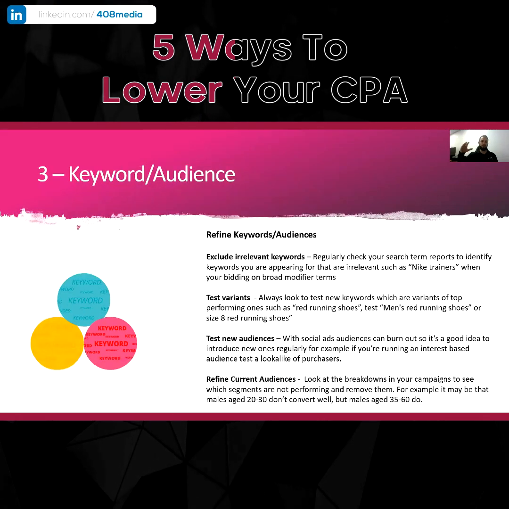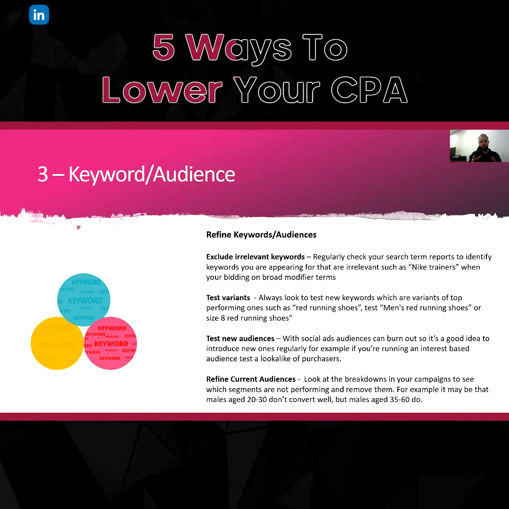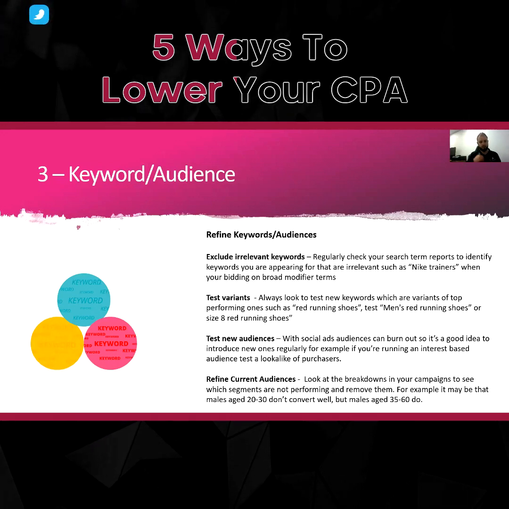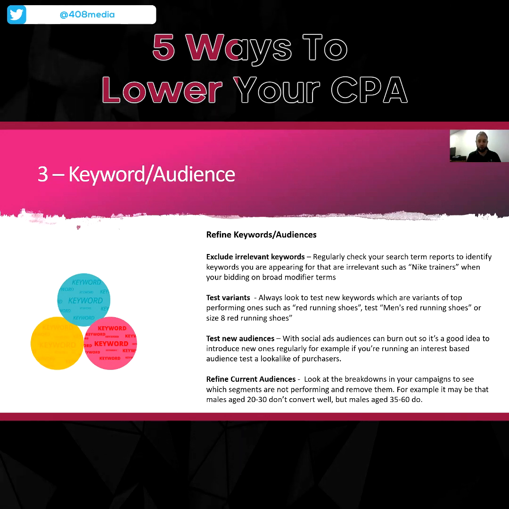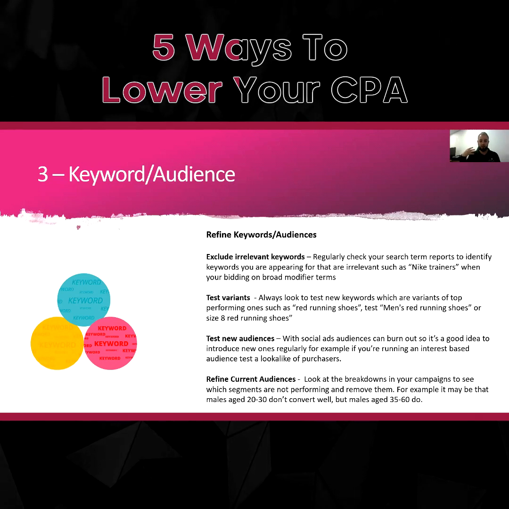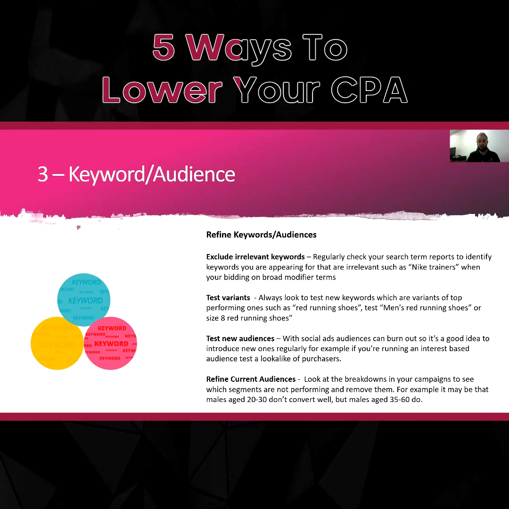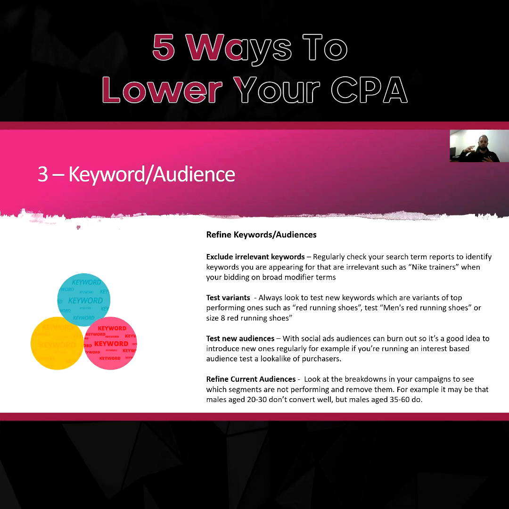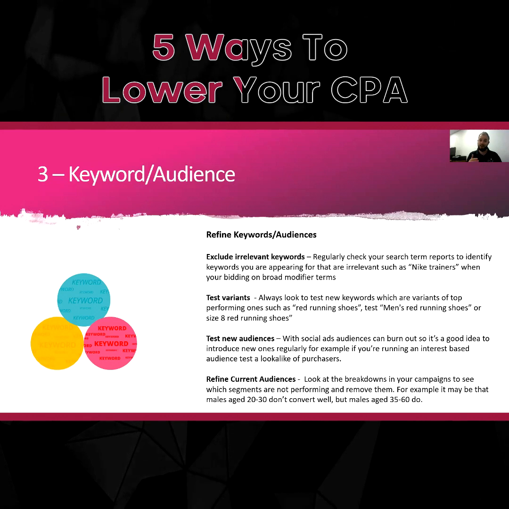Moving on to the third thing, which is keyword and audience. If we're targeting certain keywords or certain audiences, we need to make sure that they are the right audiences and the right keywords. If we jump into search platforms like Bing and Google Ads, it's about looking at irrelevant keywords and excluding them. If you don't check your search term reports, I highly suggest you do.